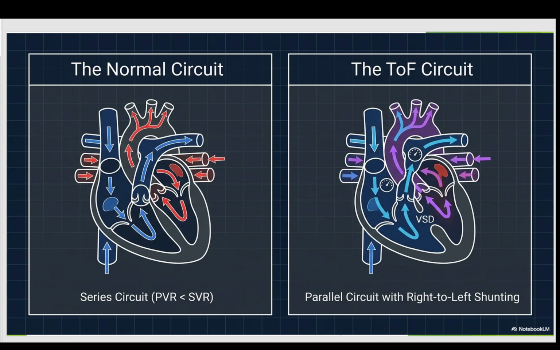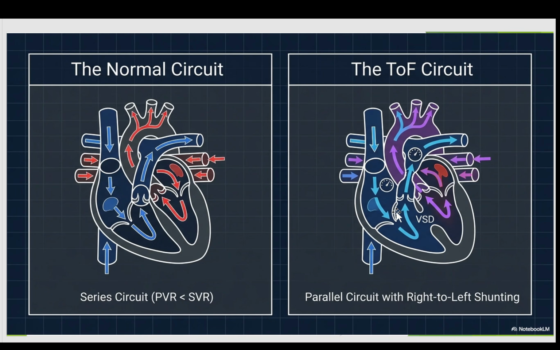So you can compare here the normal cardiac structure with the TOF structure. In normal circumstances, the blood from the right atrium goes to the right ventricle and through that to the pulmonary artery, and from the lungs it comes to the left atrium, then left ventricle, the aorta and systemic circulation.